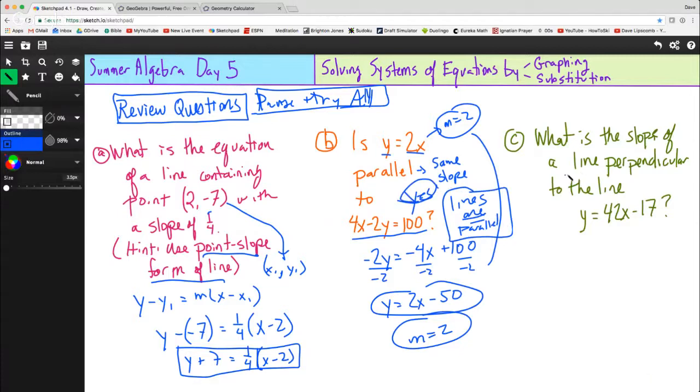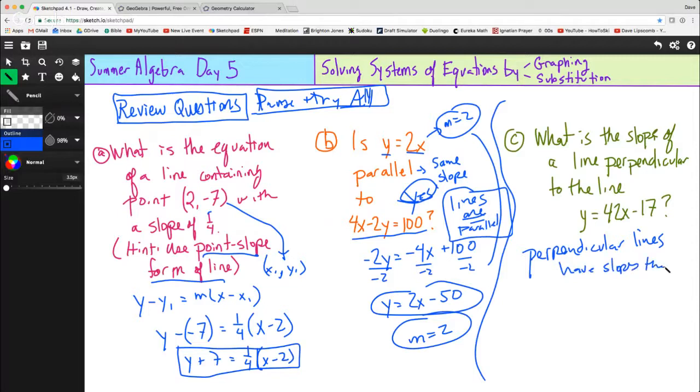And finally, what is the slope of a line perpendicular to the line y equals 42x minus 7? And the answer is what? Perpendicular lines have slopes that are negative reciprocals.